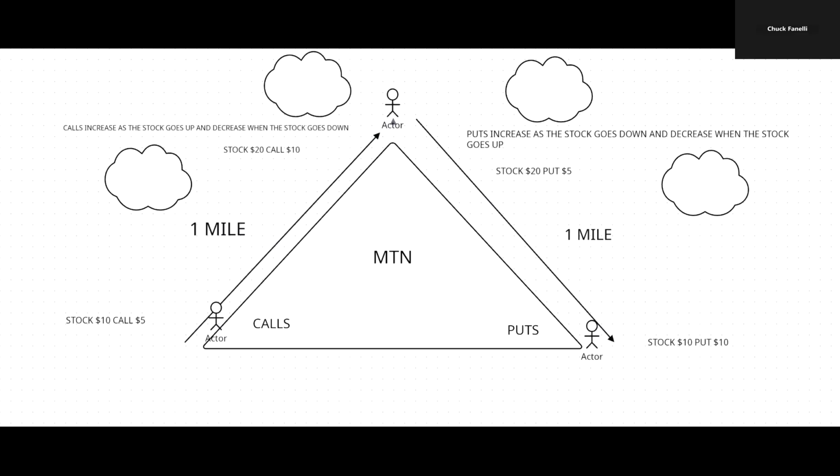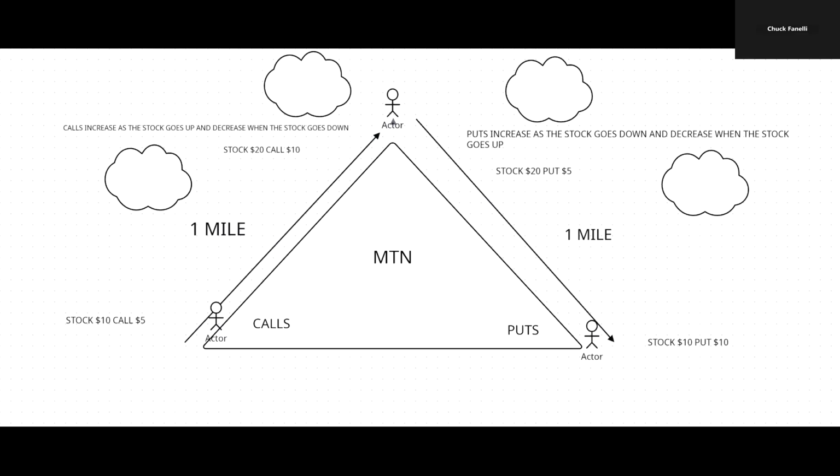Okay. So calls increase as the stock goes up and they decrease as the stock goes down. This is just the other side of the mountain. Puts increase as the stock goes down and decrease when the stock goes up. All right. So these are the things you want to imagine.